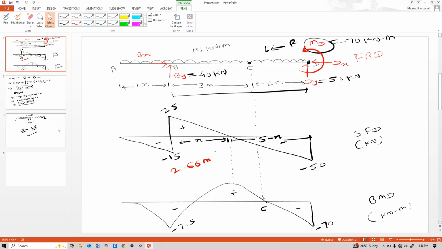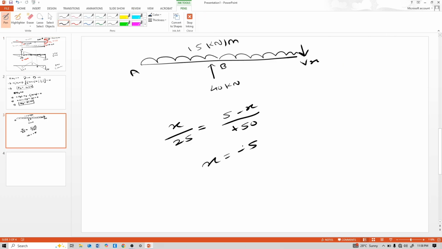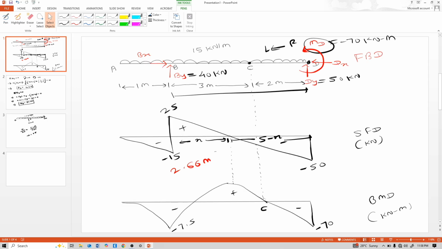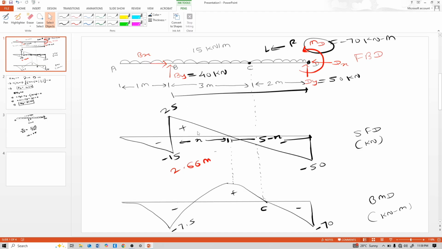Don't need to take the minus sign, only take the positive sign. So x is equal to positive 5. Only consider the value. So this x is this. That means 5 plus 1, 6 meter.